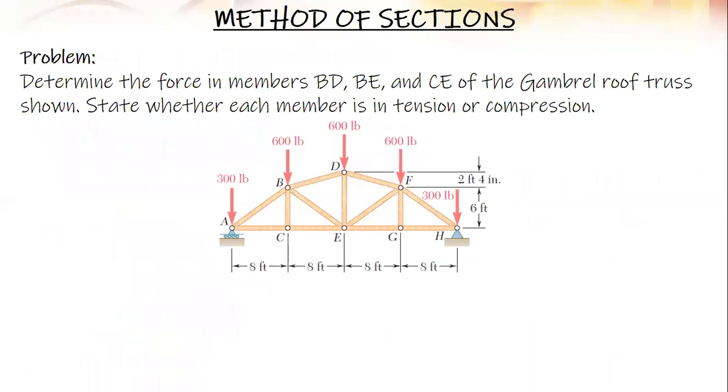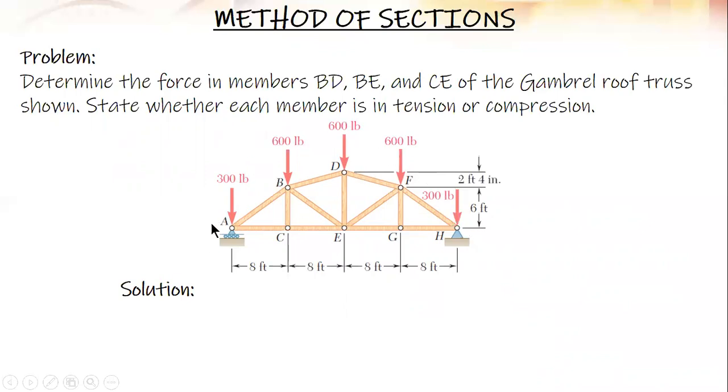Another problem. Determine the force in members BD, BE, and CE of the Gambrel roof truss shown. State whether each member is in tension or compression. Now, if you look at this truss, ang geometry is symmetrical.